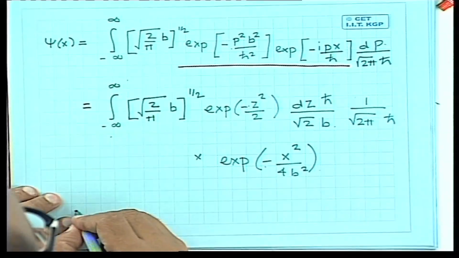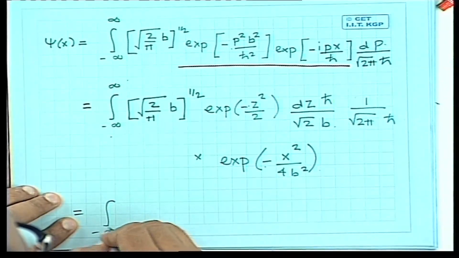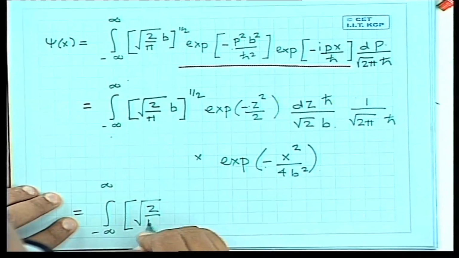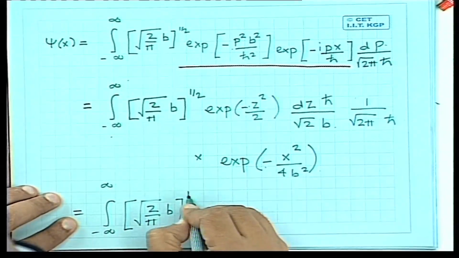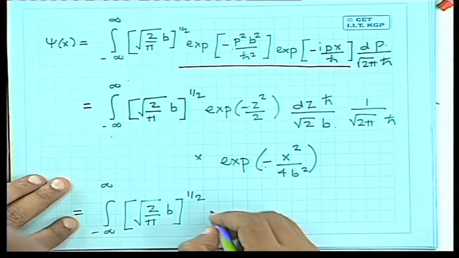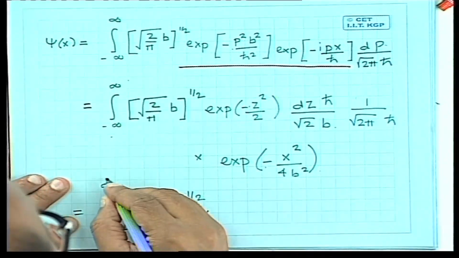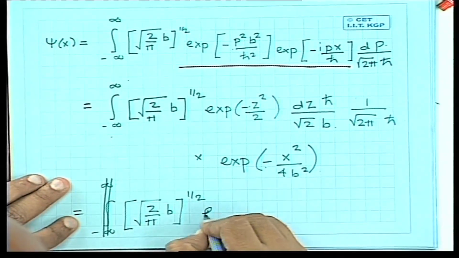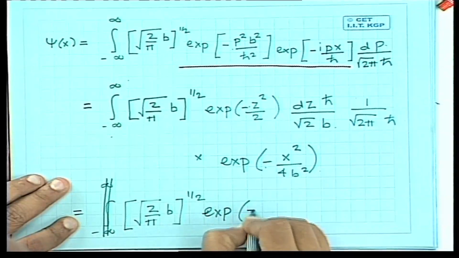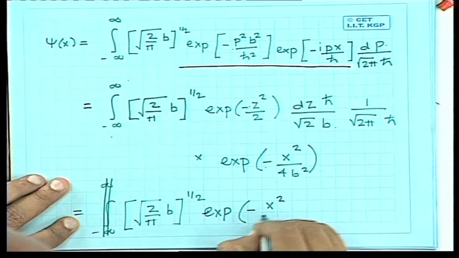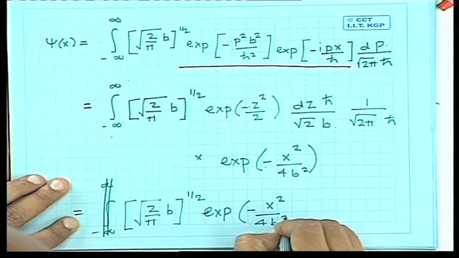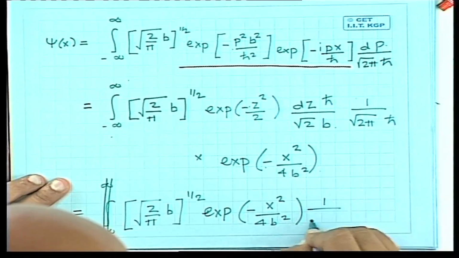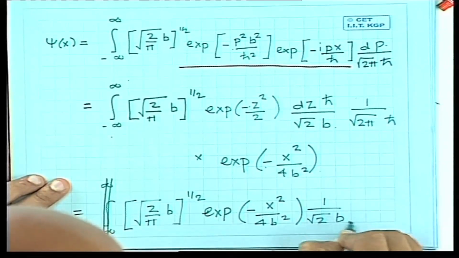So we are left with, integral from minus infinity to infinity, 2 by pi b, and the integral has been done, so the integral will not appear. This is just equal to this into exponential minus x square by 4b squared, and the factor of 1 by square root of 2b remains.